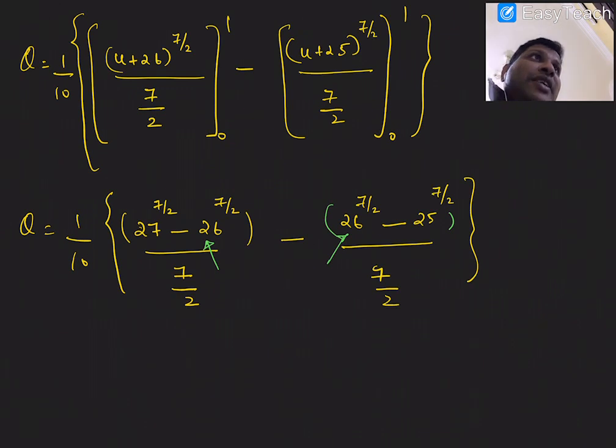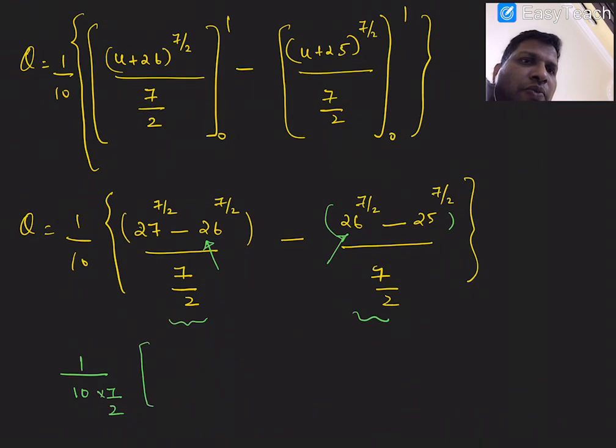So you will get 1 by 10, and 7 over 2 is common, so into 7 over 2, then this into 27 whole power 7 over 2. Then you see this is minus and this is also minus, so minus of minus becomes plus, so plus 25 to the power 7 over 2, and there are two 26, so this becomes minus 2 times 26 to the power 7 over 2.